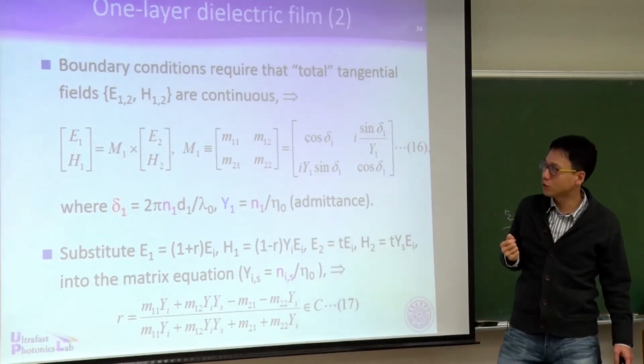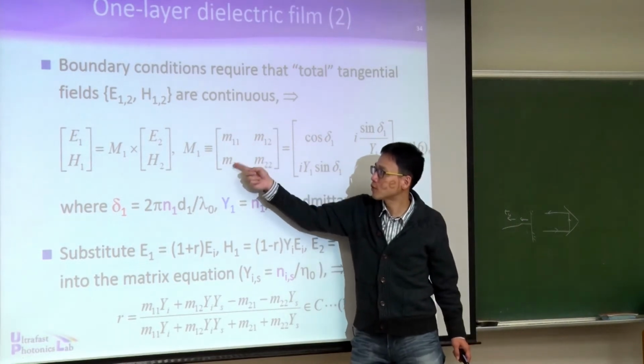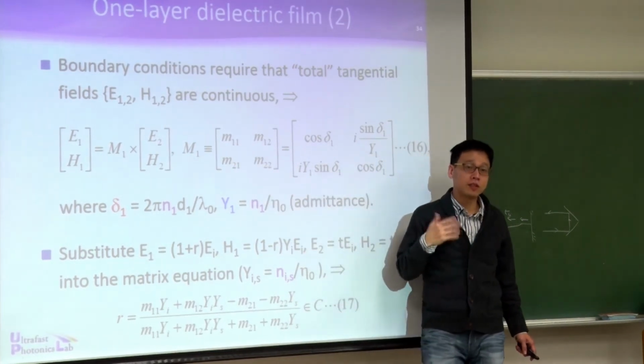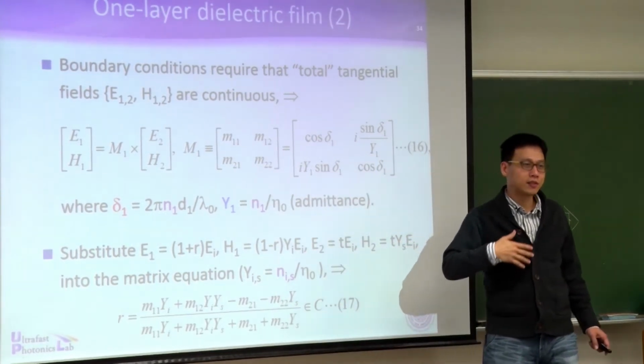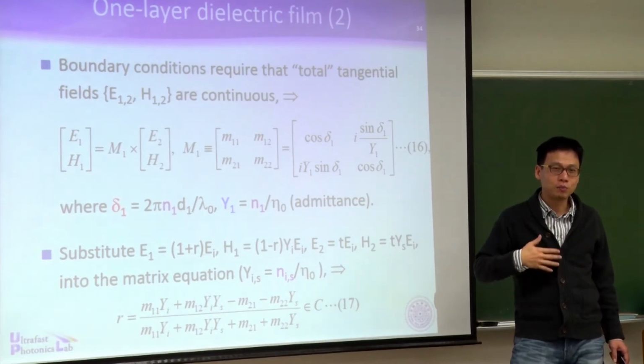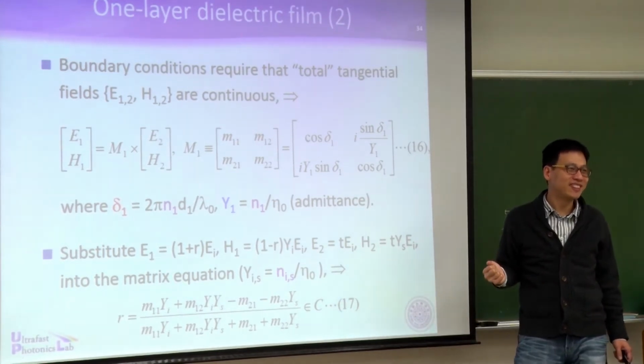So whenever you know the total matrix, you know these 4 numbers, and equation 17 works. No matter it's single layer or P layers, doesn't matter.